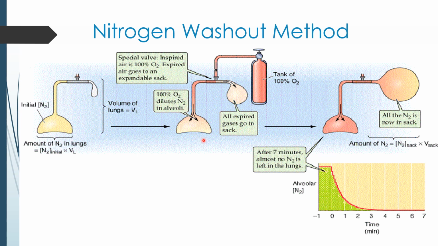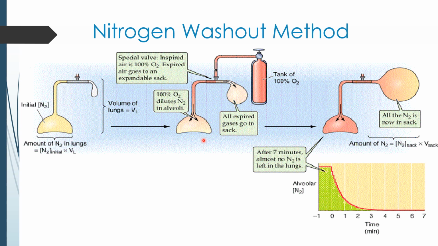The Douglas bag is washed with pure oxygen, so it is nitrogen free. Now the volume of gas collected in the Douglas bag and its nitrogen content are measured, and the functional residual capacity is calculated.